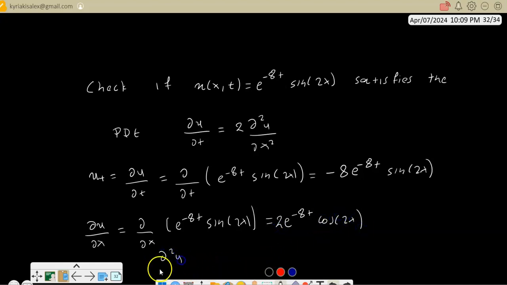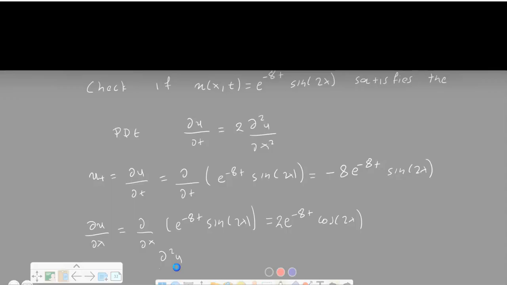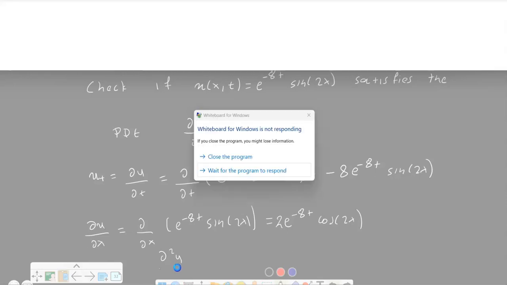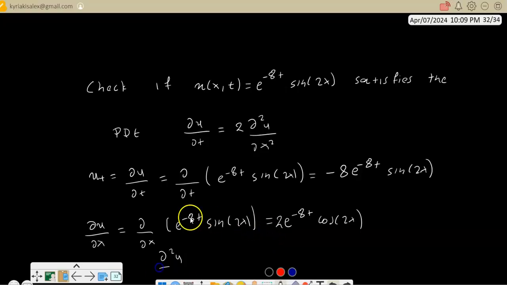Now I calculate the second derivative with respect to x, which gives me minus 4 e to the minus 8t sine 2x.